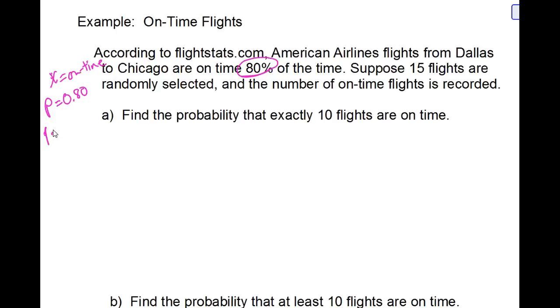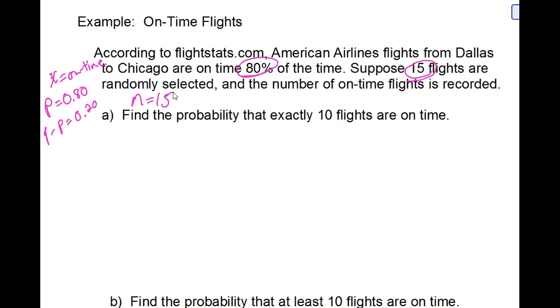So the probability of them not being on time, 1 minus p, is going to be 0.2 or 20% of the time. Now, the number of trials that we're looking at is 15. So n is equal to 15. So we have our p, we have our 1 minus p, and we have our n.